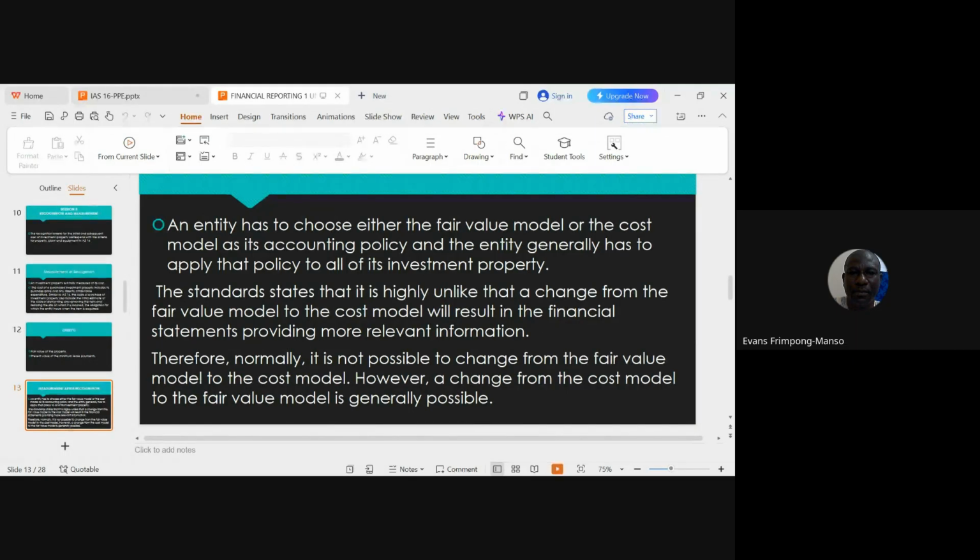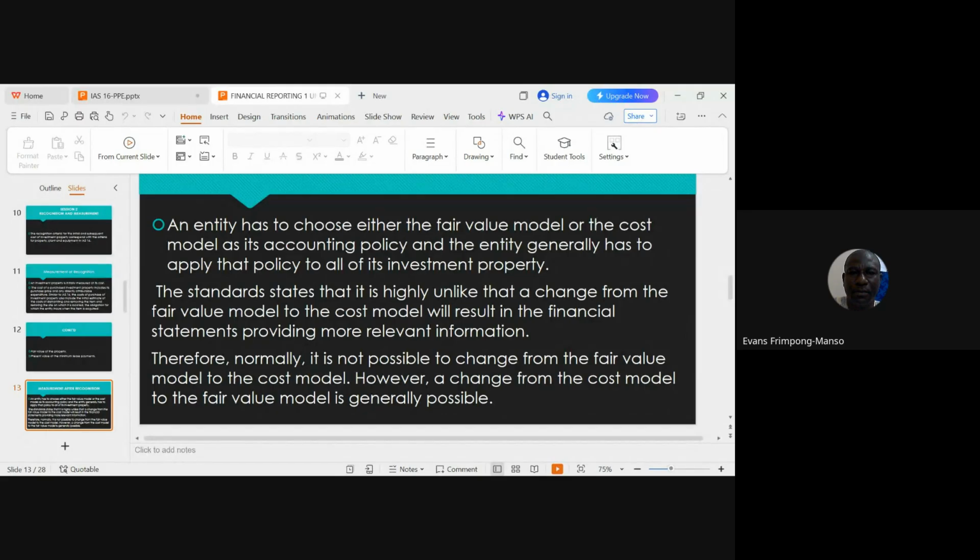Therefore, normally, it is not possible to change from the fair value model to the cost model. However, a change from the cost model to the fair value model is generally possible. So note that it's very important.